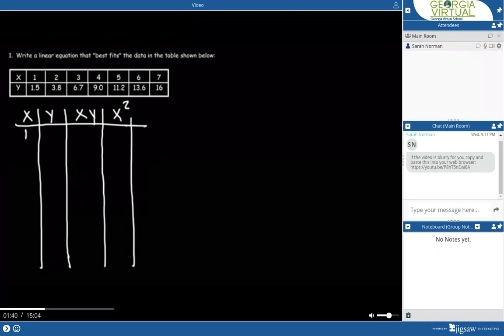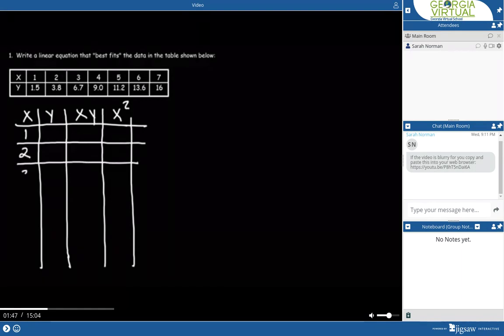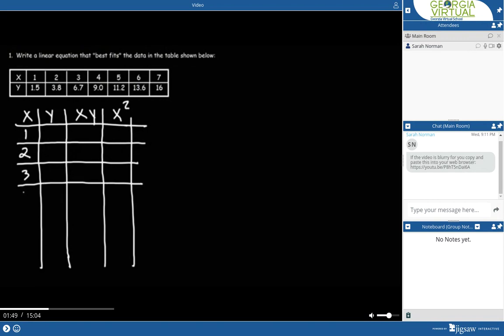Now let's plug in the values. The first x value is 1, next is 2, then 3, 4, after that is 5, 6, and 7.